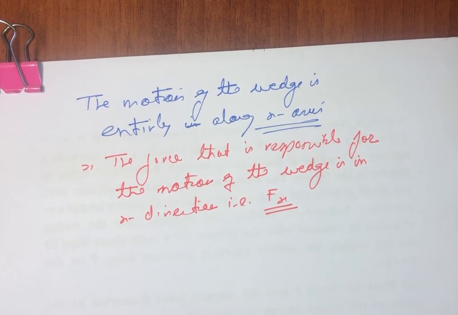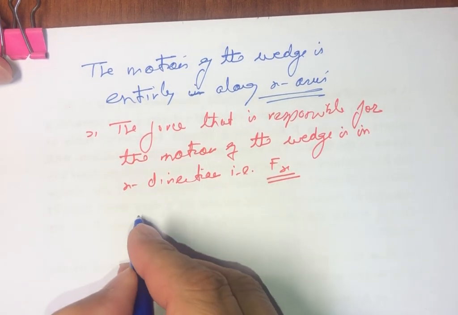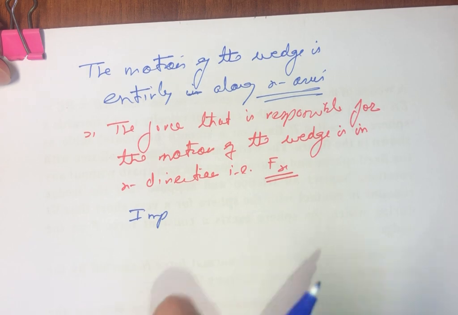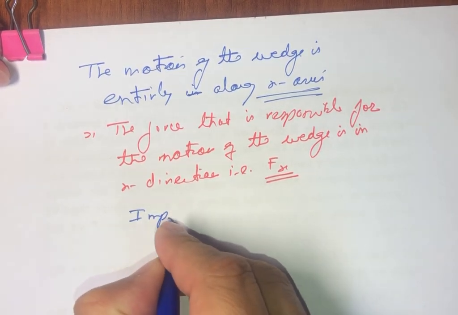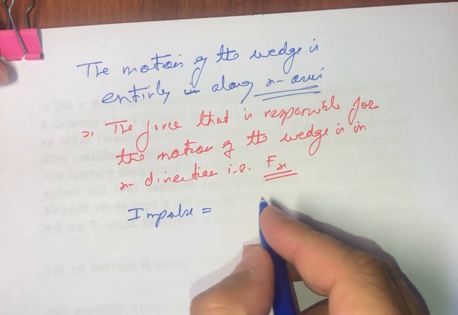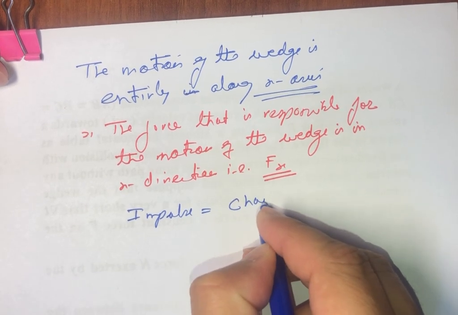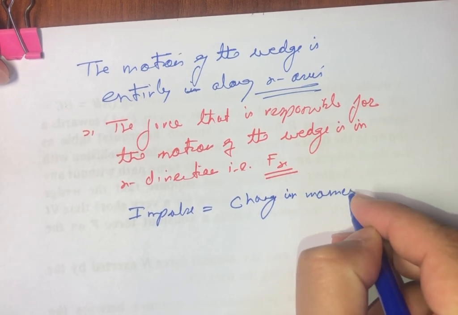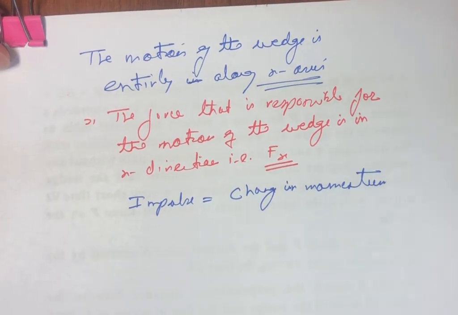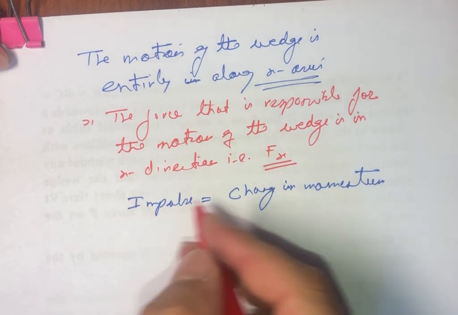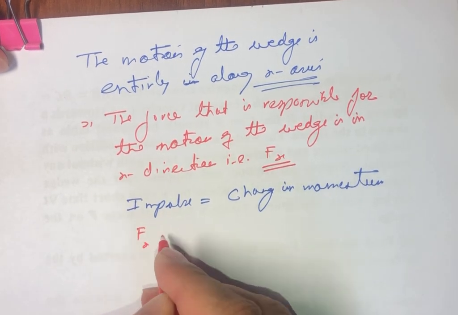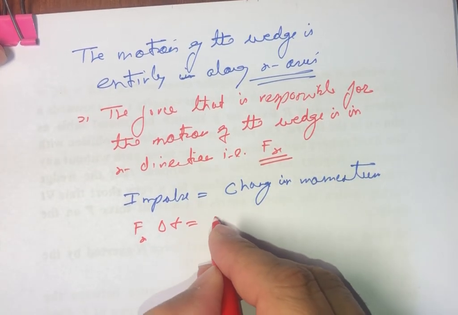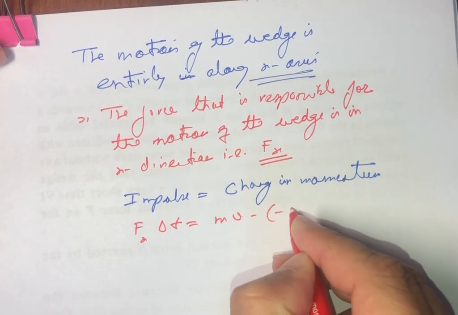Therefore we can say that, as they meet each other for a fraction of a second, that is delta t, impulse will be equal to change in momentum. And impulse is written as force, which is F x, multiplied by delta t, and we have change in momentum, that is mv minus minus mv.